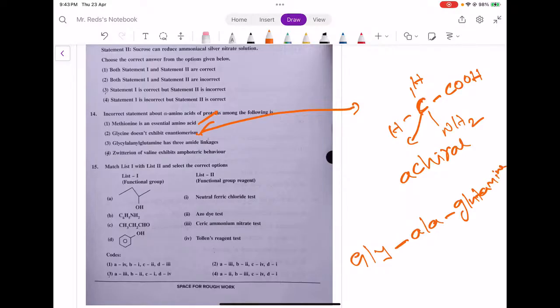How many peptide bonds are present between 3 amino acids? First is glycine, second is alanine, and third is glutamine. Here is one peptide bond, and another. Total 2 peptide bonds or 2 peptide linkages, but here 3 amide linkages are given.